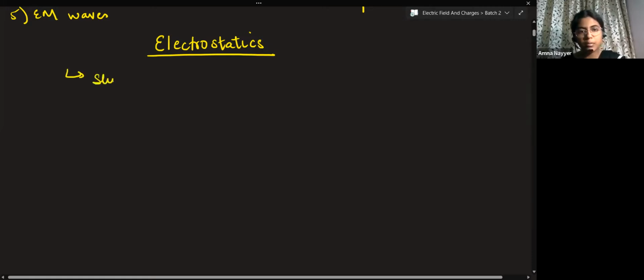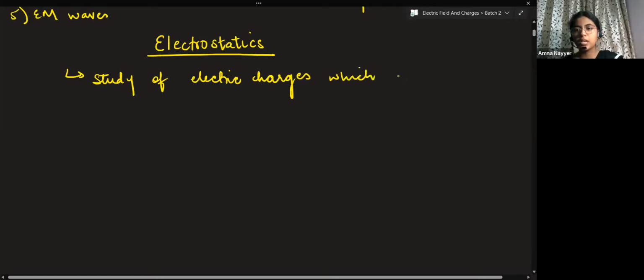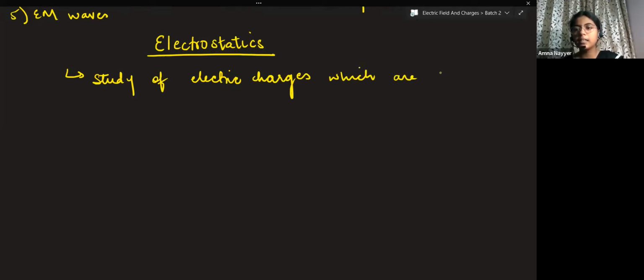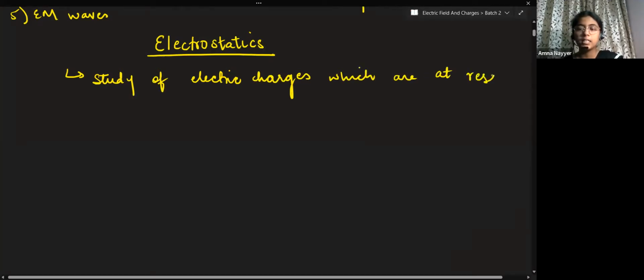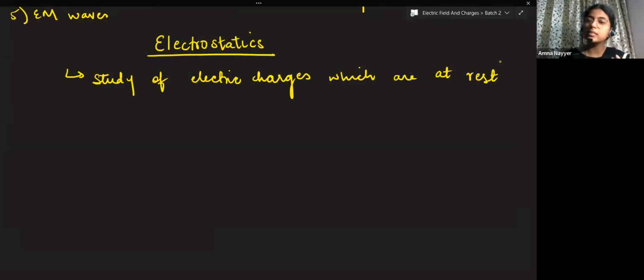This is that branch of physics which deals with the study of electric charges which are at rest. Whenever we talk about electrostatics, the charges will be at rest.